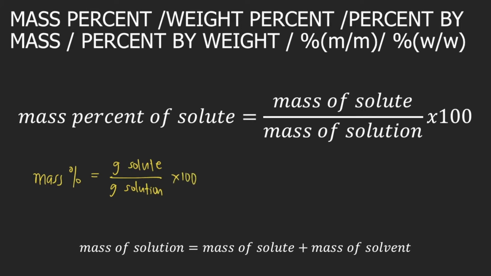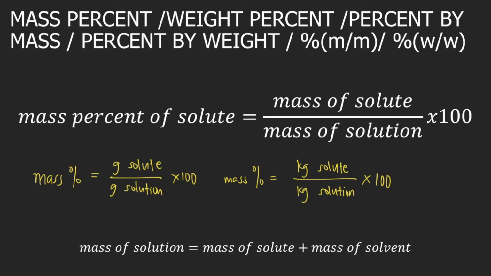If you want to use kilograms, then your mass percent is equal to kilograms of solute divided by kilograms of solution times 100. Again, it doesn't matter what unit of mass you are using.